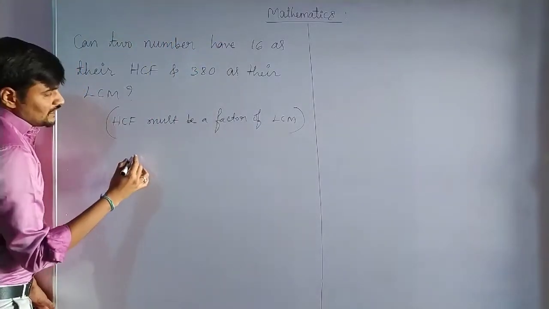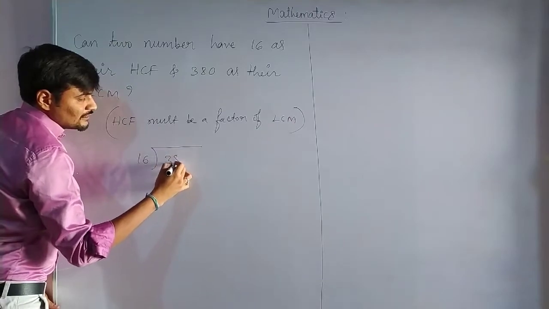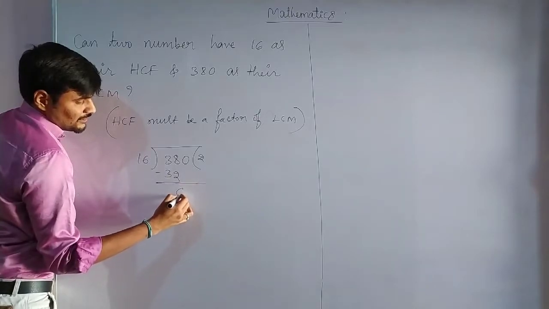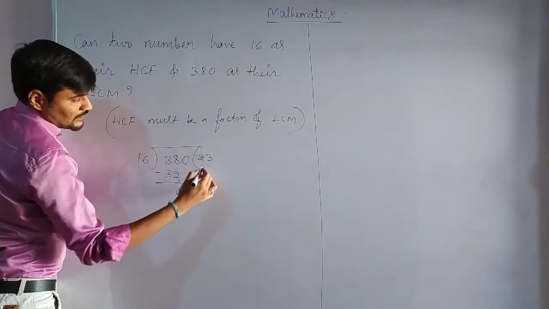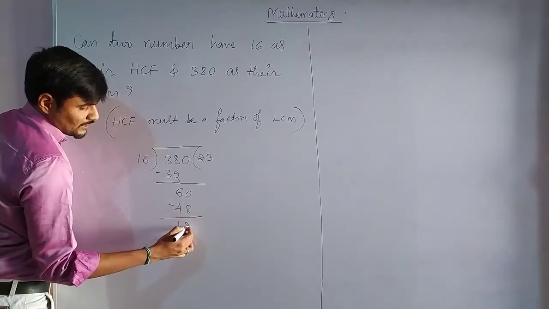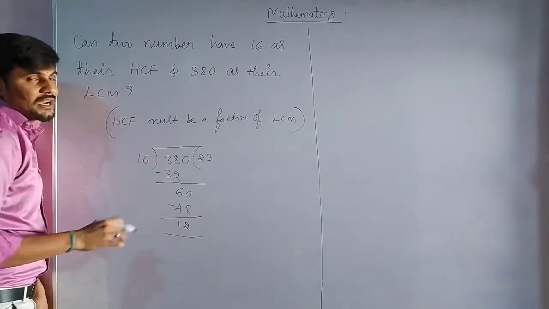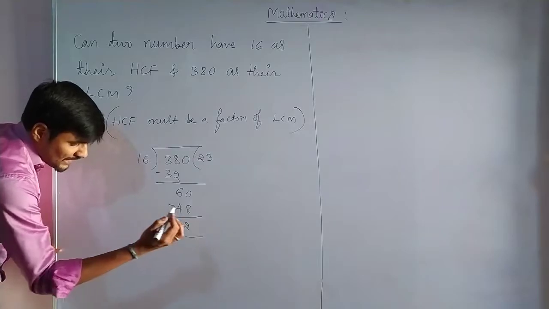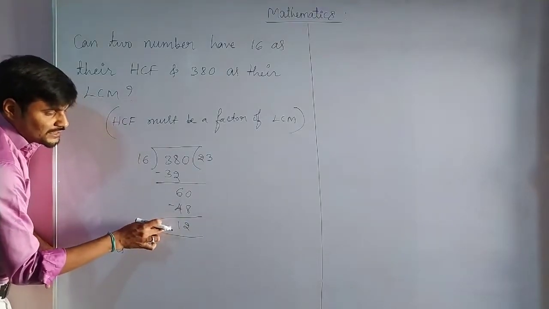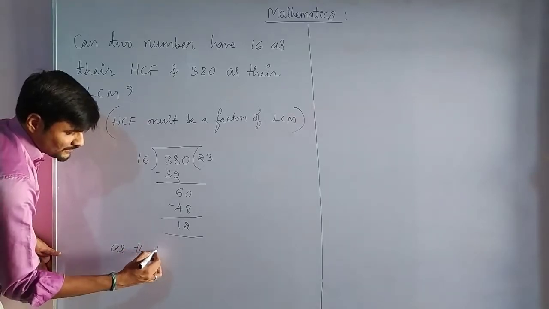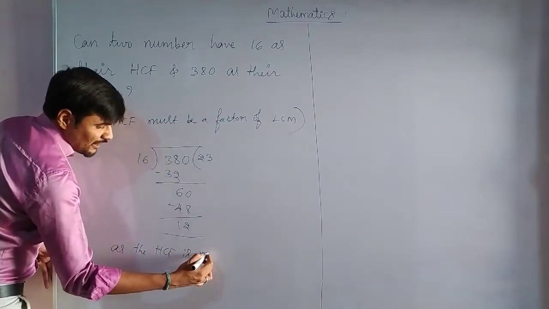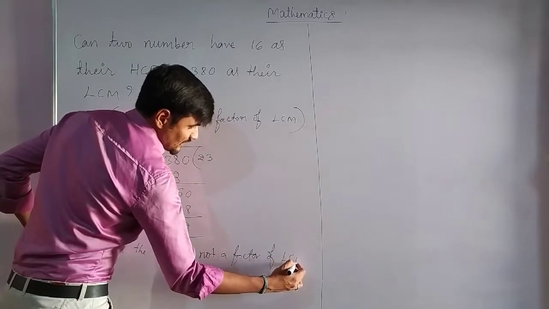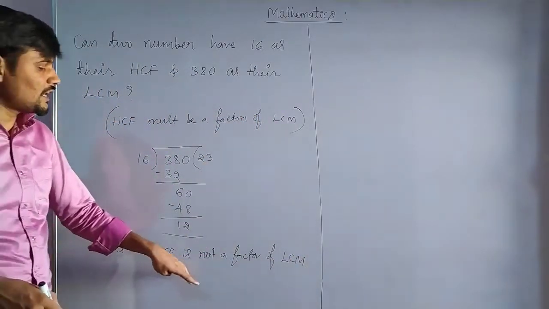Now let us divide 380 by the HCF 16. What do you get? 32, and what is left here? 60. 3 sixteens are 48, so the remainder left is 12. The remainder is not 0 and it is not terminating. As the remainder is not 0, the HCF is not a factor of the LCM.